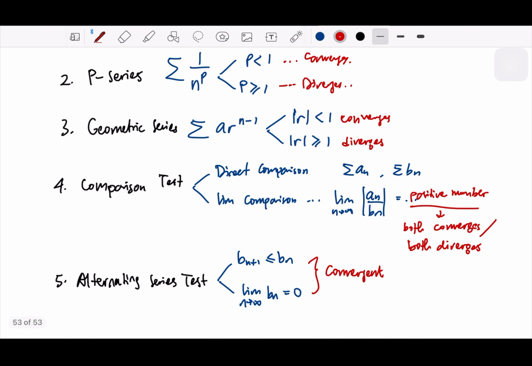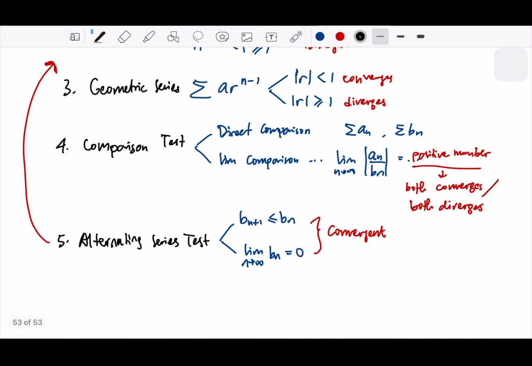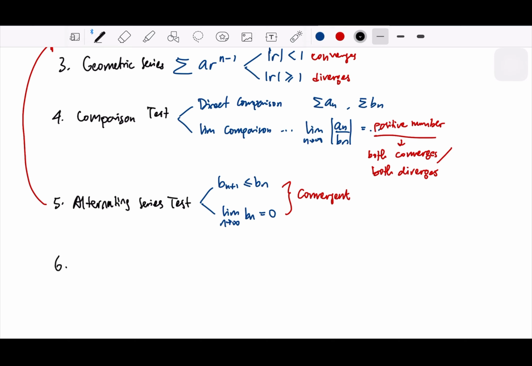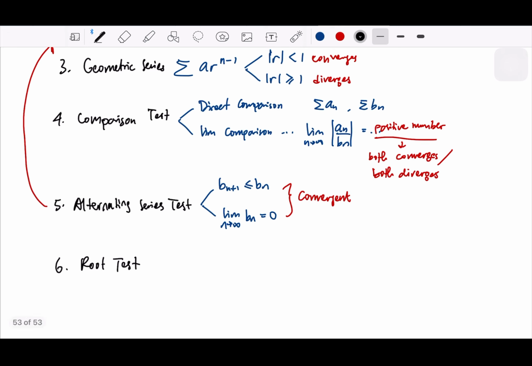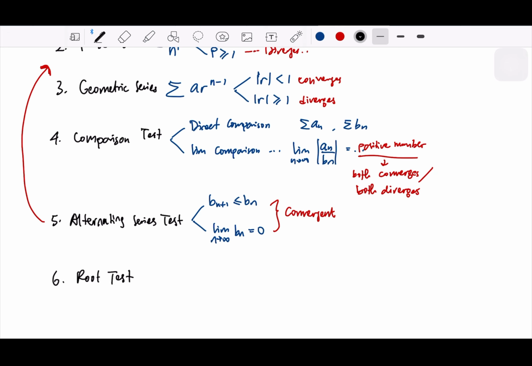So suppose this alternating series, you can also think at the very beginning. If you look upon the series, and number 6, we may have the root test. But sometimes if you're familiar with some series, not root test, sorry, ratio test.